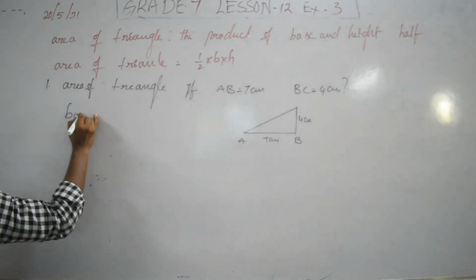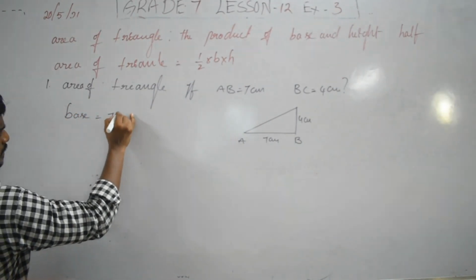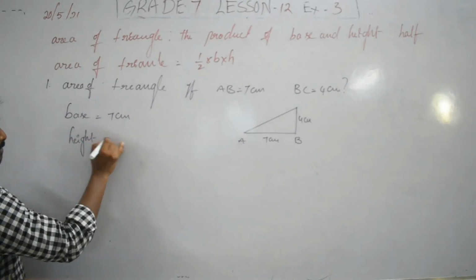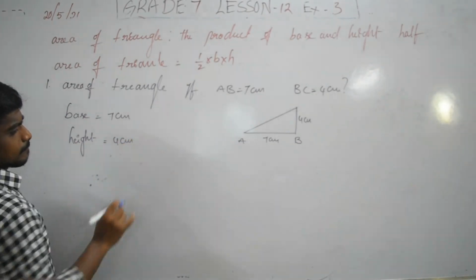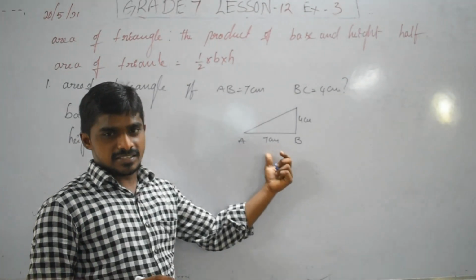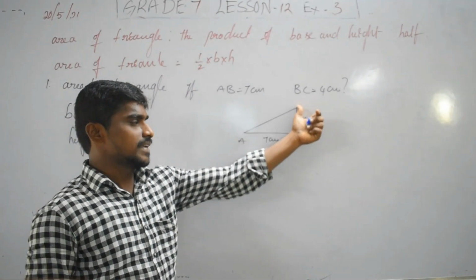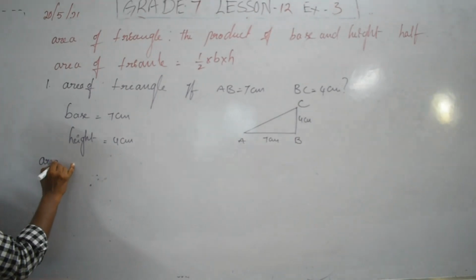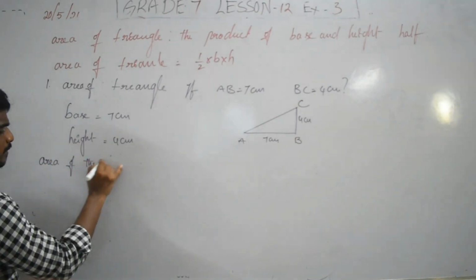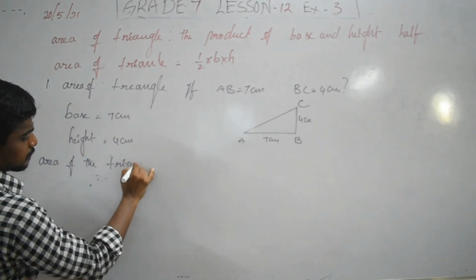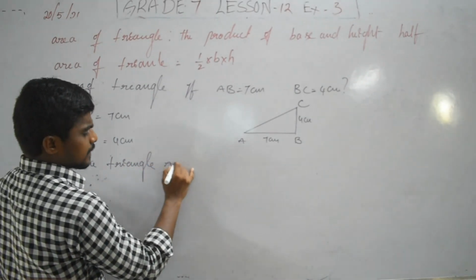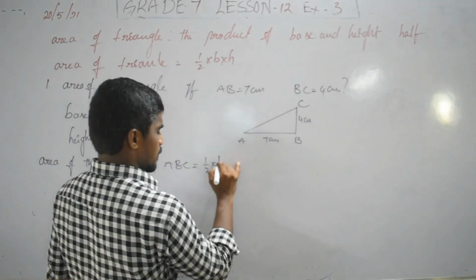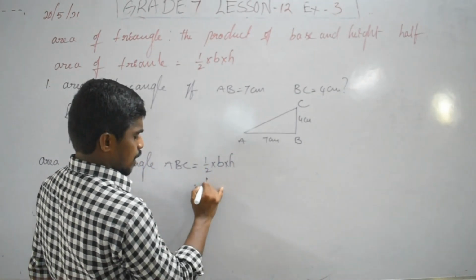Here base how much? 7 centimeters. Height how much? 4 centimeters. AB 7 centimeters is the base, BC is the height, 4 centimeters. Now area of the triangle ABC equals half cross base cross height.